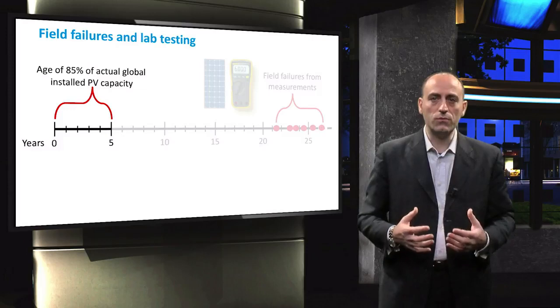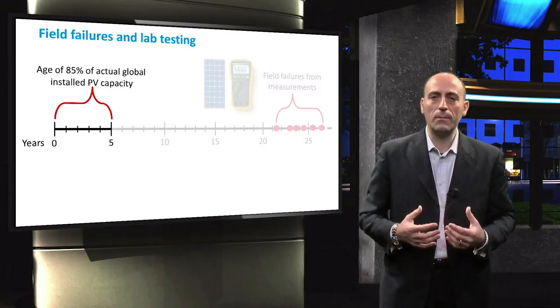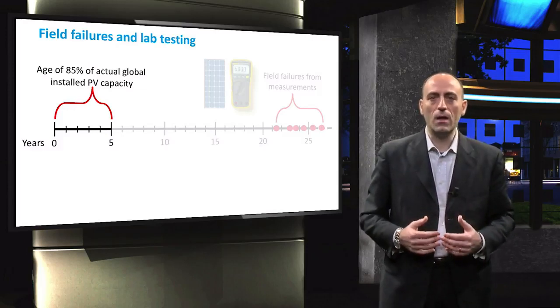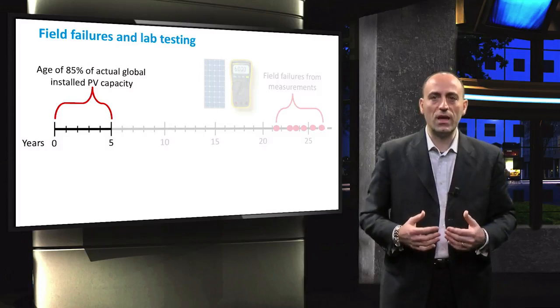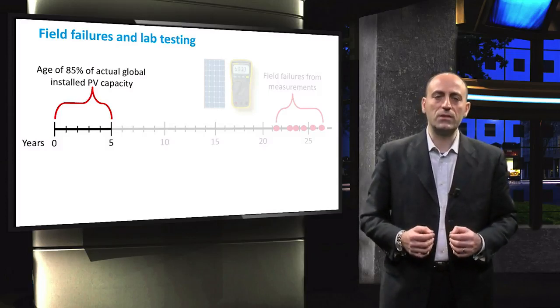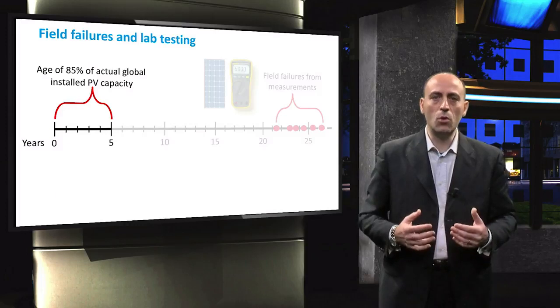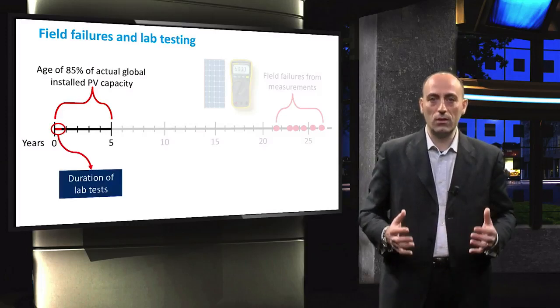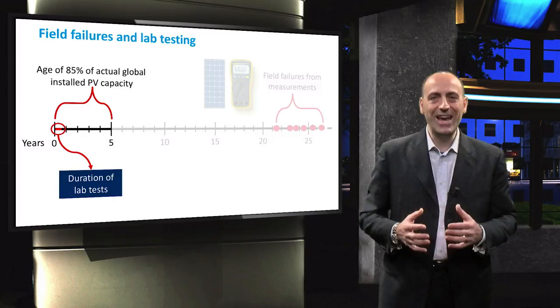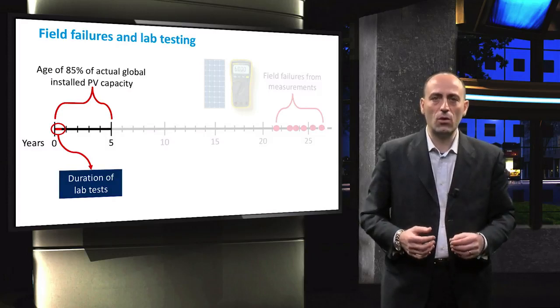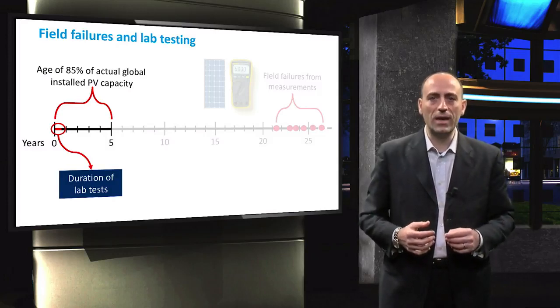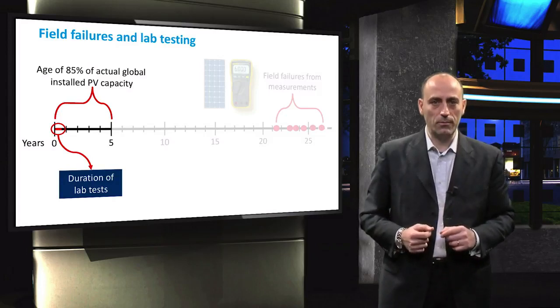Since investors would like to know the lifetime and the reliability of PV modules beforehand, various reliability tests have been developed. These tests accelerate the stress that the modules might endure during their lifetime. Hereby, we gain insight in the aging behavior of the equipment and in the failure mechanisms in a much shorter time frame.